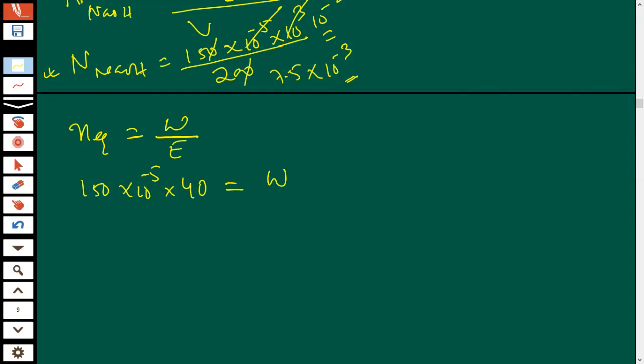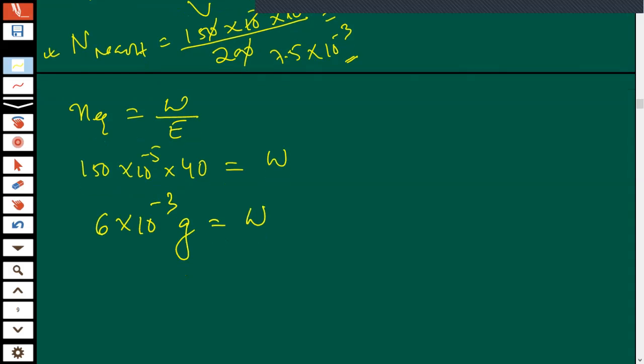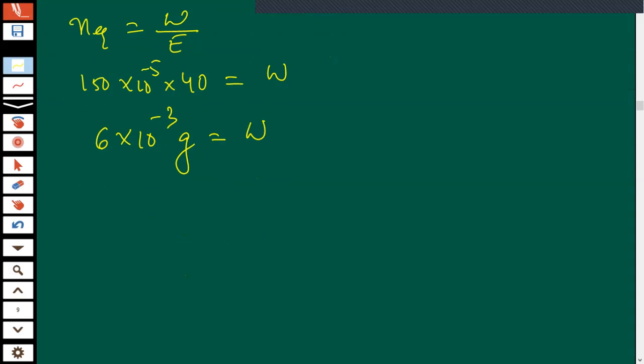6 into 10 to the power minus 3. This much gram of W is there. We can use this way also, or you can use another format: 0.006, right?